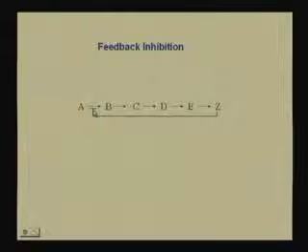So there is a particular enzyme acting for the transformation of A to B, another enzyme from B to C, another enzyme from C to D, and so on. So say we are going from A to Z here. What happens is this Z usually is an inhibitor for this enzyme that transforms A to B.